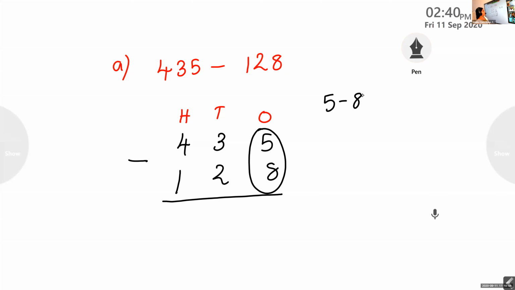Can we take away 8 chocolates from 5 chocolates? If you only have 5 chocolates, can we take 8 from that? No, ma'am. Here 5 is less than 8, isn't it?